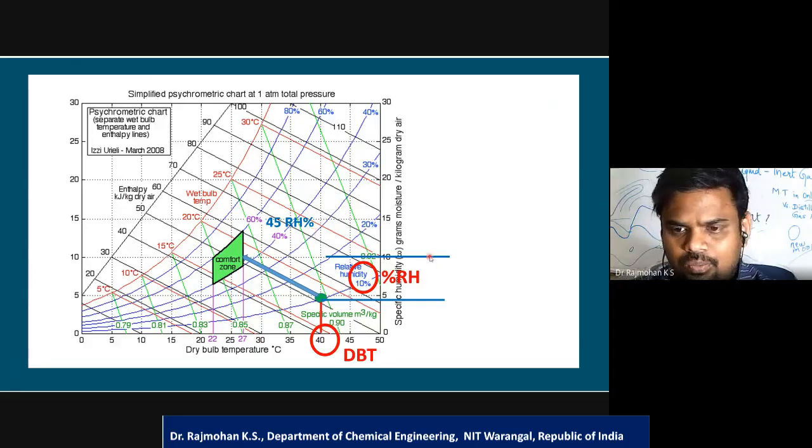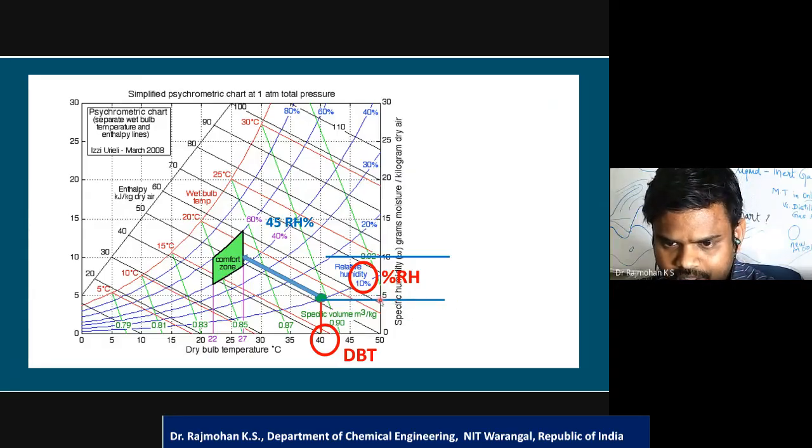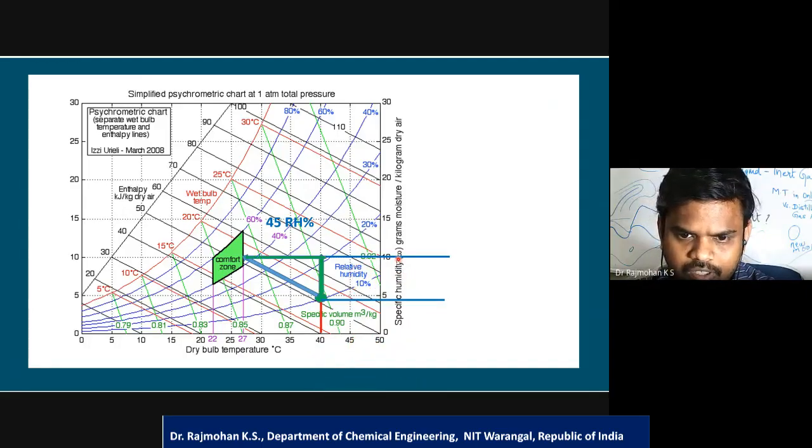And similarly, how much humidity has increased from here to there, we can take from the corresponding y-axis value here. It is less than 5, almost 10. From that we can get the value.